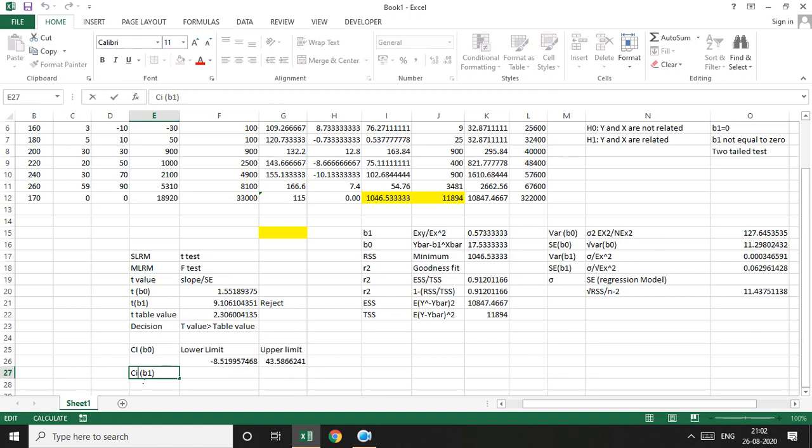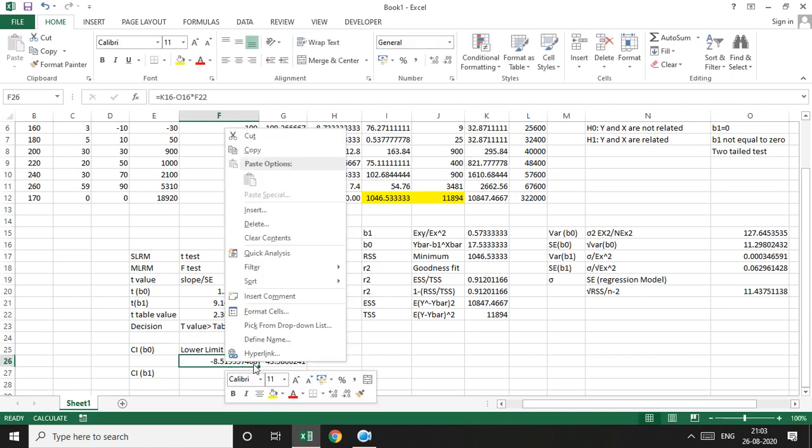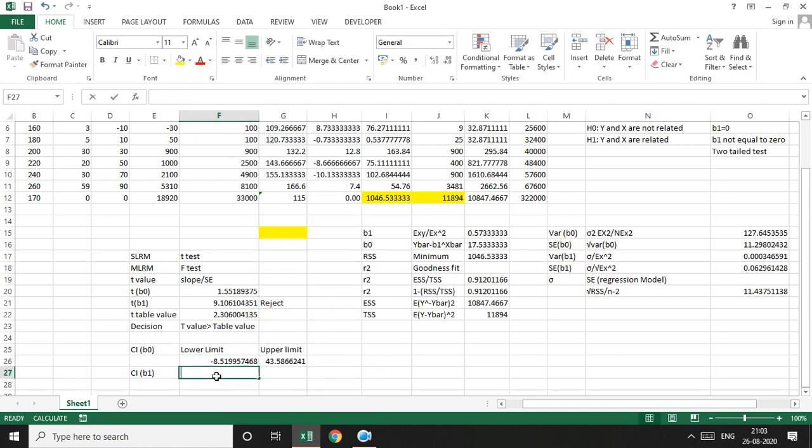Similarly, you can also find the confidence interval of the second coefficient. How can you do this? Beta 1, 0.573, minus the standard error of beta 1 into the table value, gives 0.428.